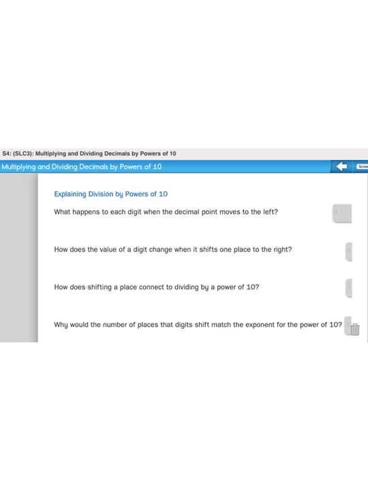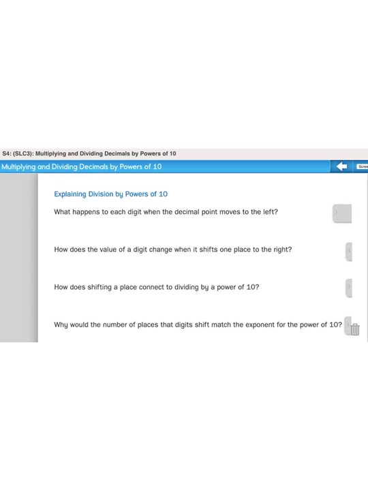Shifting one place to the right makes the digit worth 1/10 as much, which is the same as multiplying by 1/10 or dividing by 10. Why would the number of places that digits shift match the exponent for the power of 10? The exponent tells how many times a number is divided by 10. For example, if a number is divided by 10 to the fifth, the digits shift 5 places to the right.